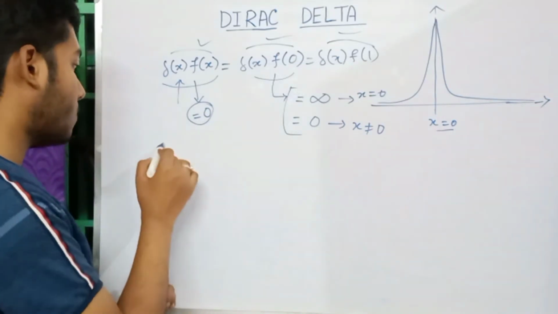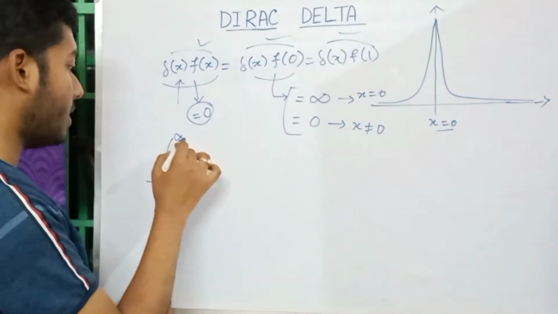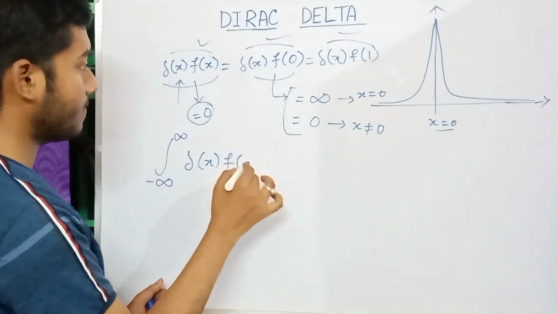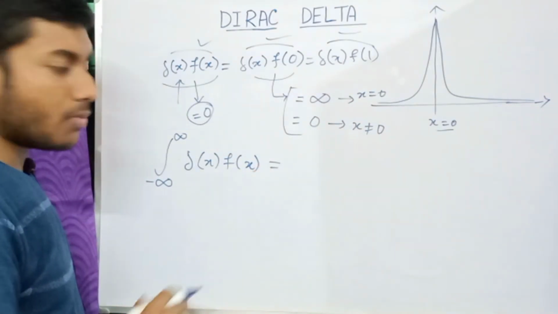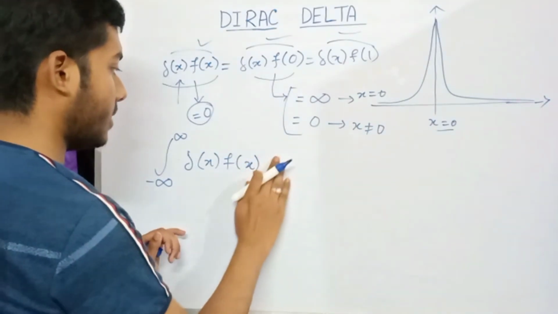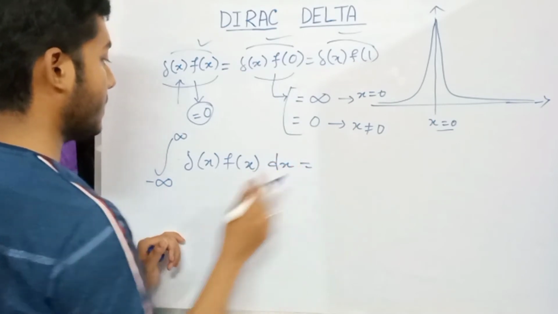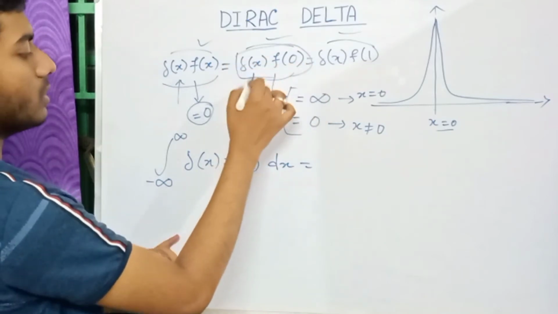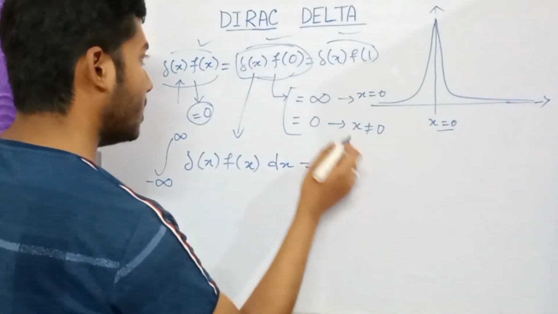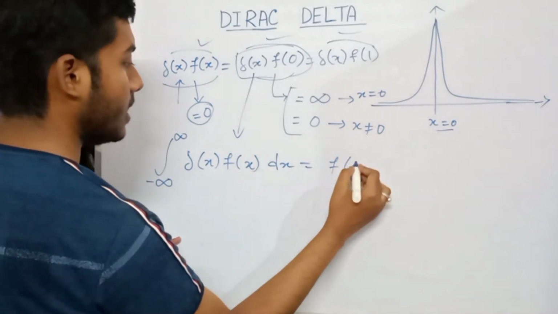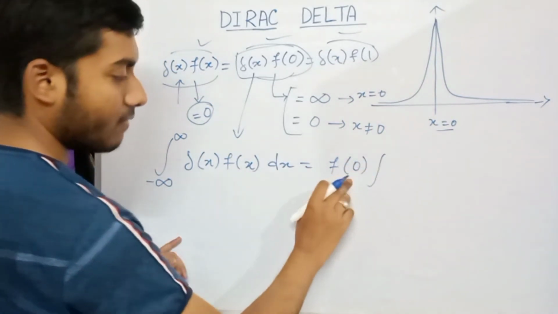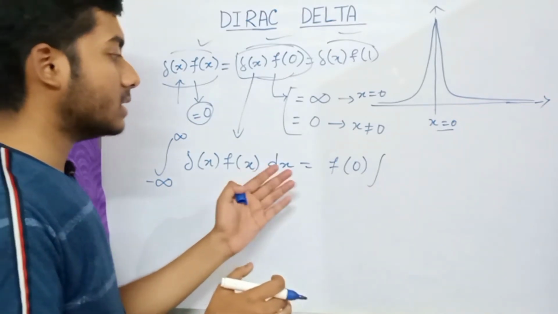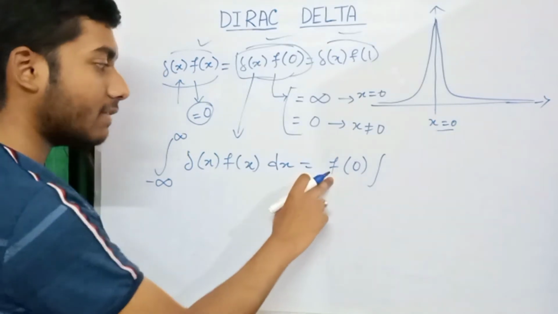Now one more thing: what will be the value of the integral from minus infinity to infinity of delta of x into f of x, dx? I can write this like this. Now f of 0 can be taken outside of the integral because it is a constant. F of 0 is the functional value of that function at x equals 0, right?